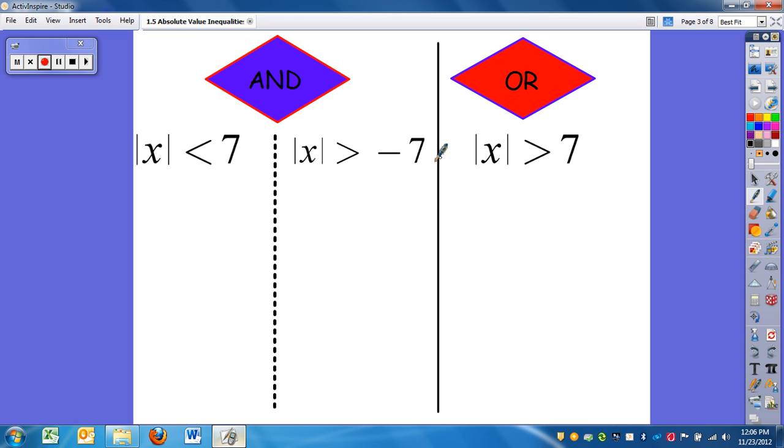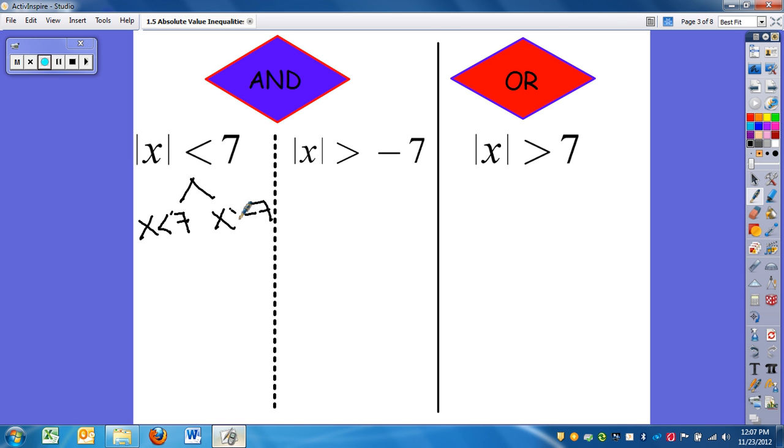So for an and inequality, there are two situations that will give us an and inequality. One is when it's less than a positive distance, when the absolute value sign is less than, because we will still do our 2 solutions. We'll have x, we keep 1 the same, because it's our positive distance. And then we have to do our negative distance, and recall from inequalities, anytime you change the sign, we have to flip the inequality sign.